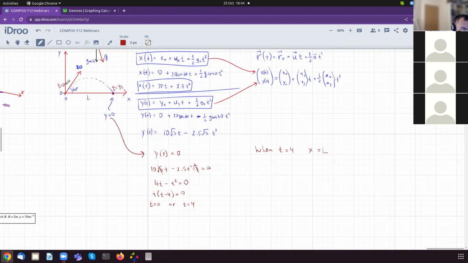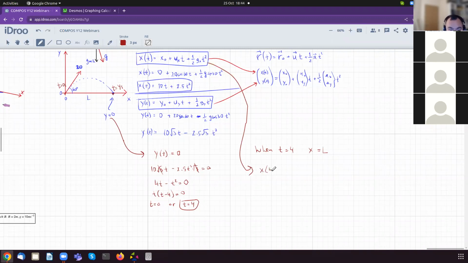When t equals 0, that's no use for us. That's pointless. So t is 4 when it hits the ground. And therefore, we just put that in.